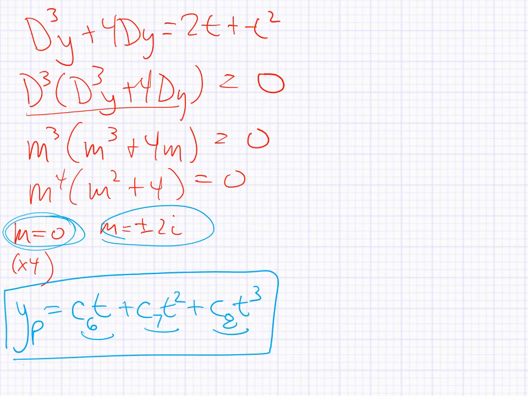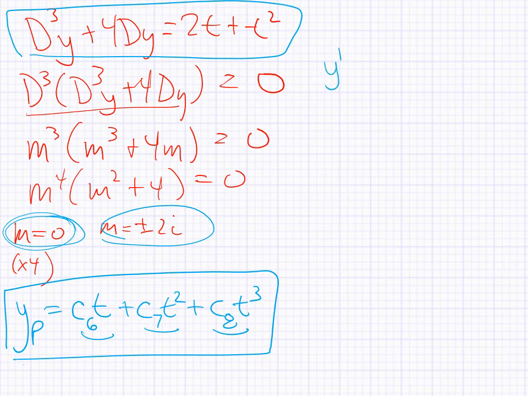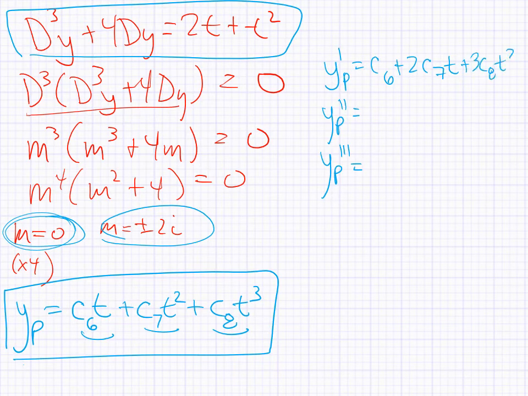Okay, well, in order to plug this back into the original differential equation, we need to get up to the third derivative. So y sub p prime, y sub p double prime, y sub p triple prime. Y sub p prime would give me C6 plus 2C7 t plus 3C8 t squared.